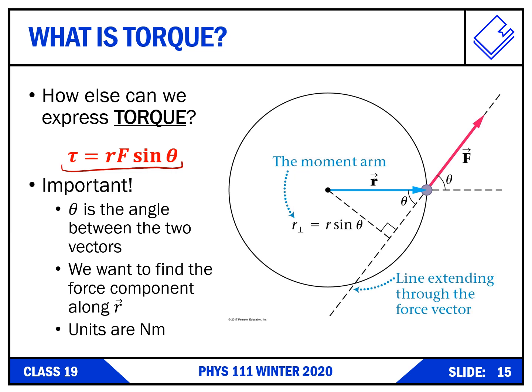If we look to the image on the right, we now have a certain force vector being applied at this point, and that point is a certain distance away from the axis of rotation. And the angle between the two vectors is theta. Just like with work, how we wanted to find the amount of force acting along a certain distance, we also want to find out the amount of force acting along the radius, or this portion.